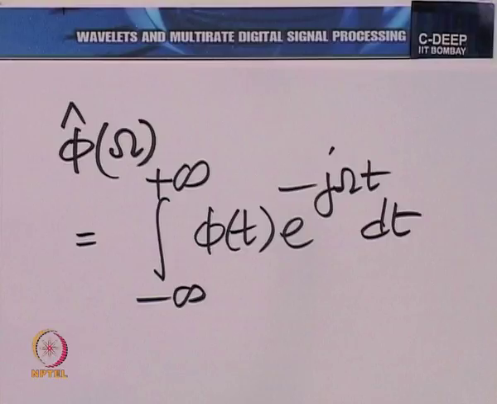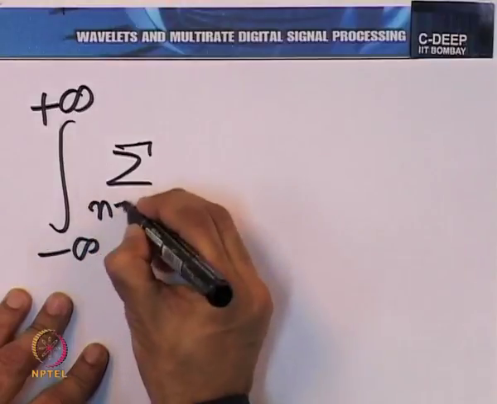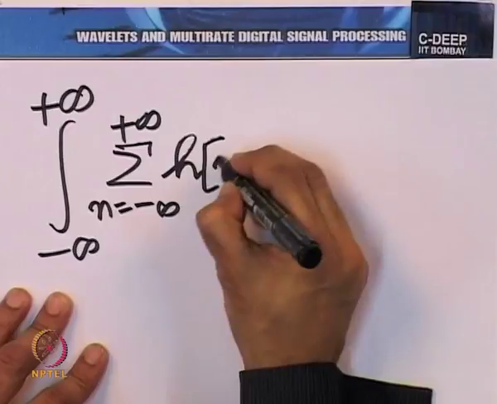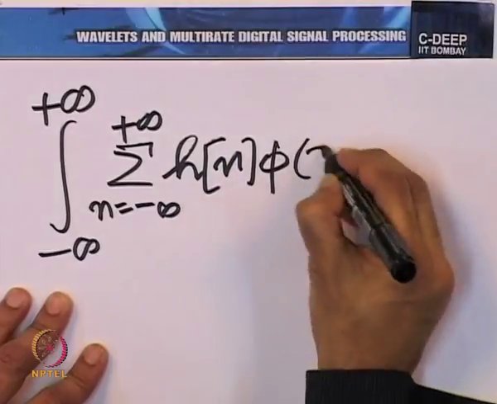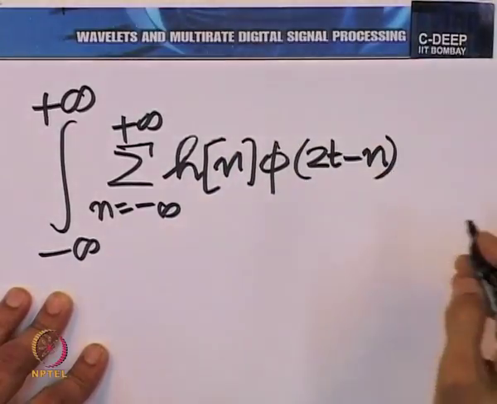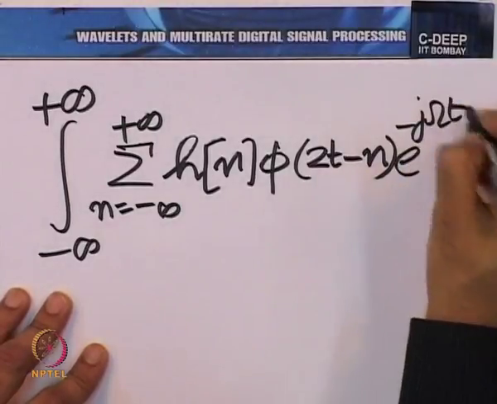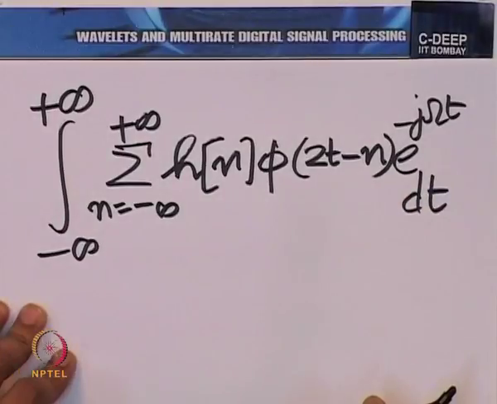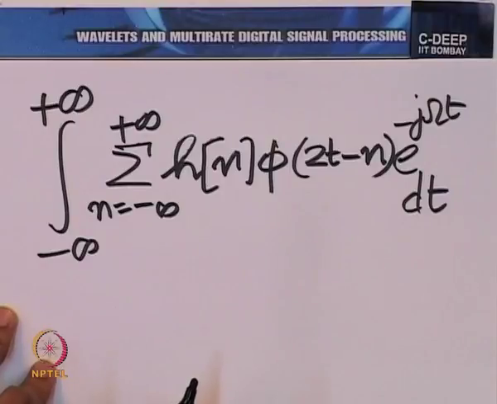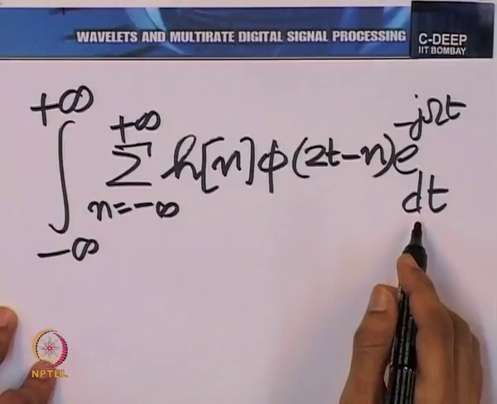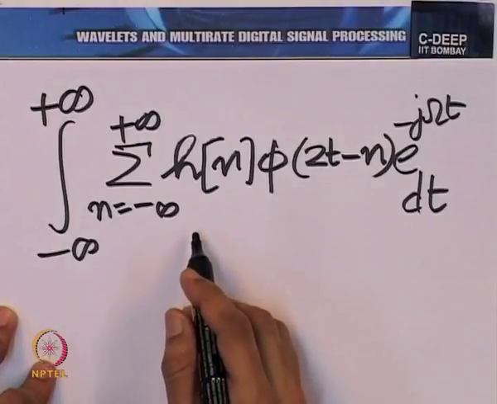So, we write down integral from minus to plus infinity summation h n over n times phi 2 t minus n e raised to the power minus j omega t dt, and integrated all the way from minus to plus infinity. So, we have this integral here. Now, let us see if this converges, which it does, because it is the Fourier transform of phi t.